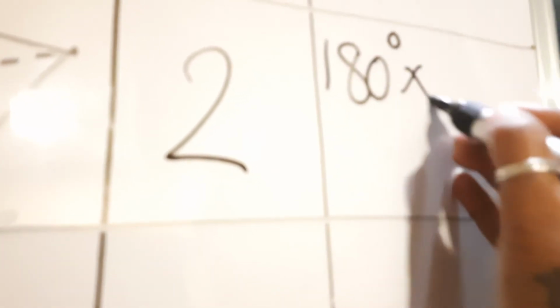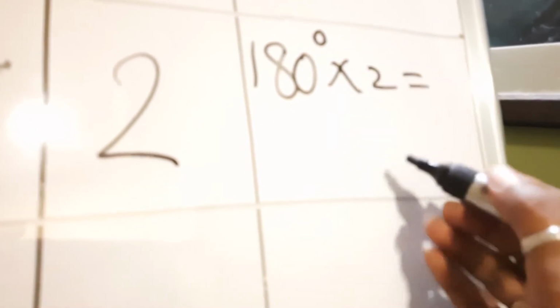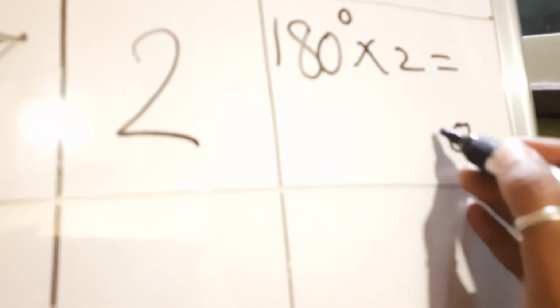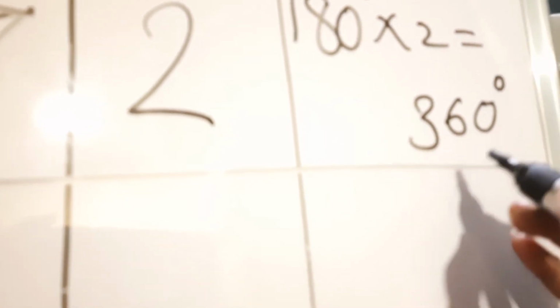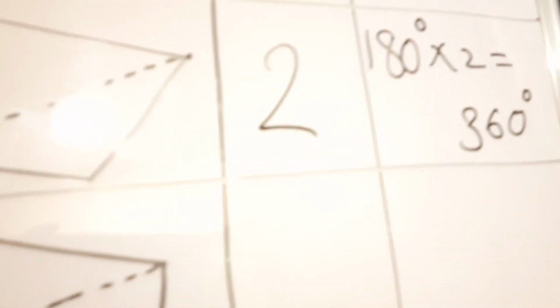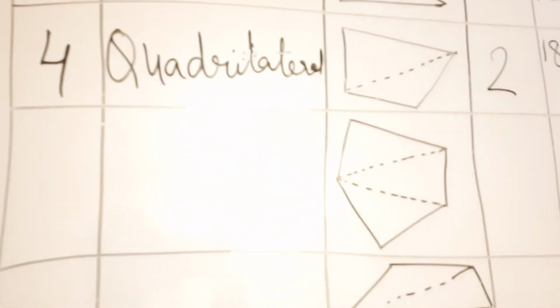And the sum of the interior angles will be, listen carefully, 180 degrees into 2. 2 zeros are 0, 2 eights are 16, 1 carry, 2 ones are 3. That's 360 degrees. Hope it's clear.